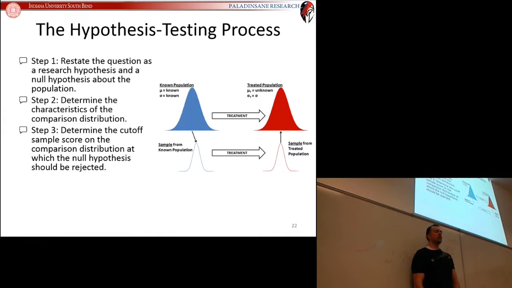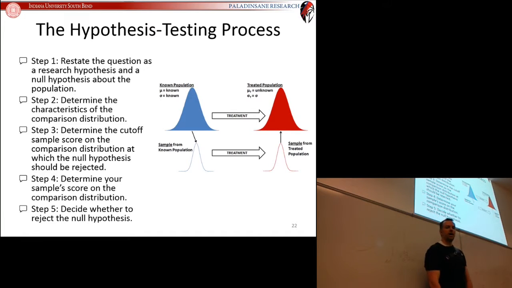Step 3, determine the cutoff sample score on the comparison distribution against which the null hypothesis is going to be accepted or rejected. Step 4, determine your sample score on the comparison distribution. And then finally, step 5, decide whether to reject or accept the null hypothesis. So those are the 5 steps in general. So let's take a look at each of those specifically.